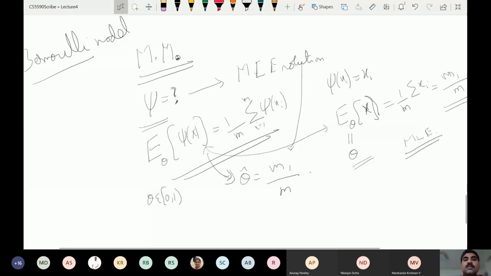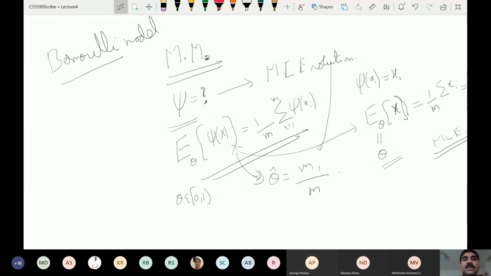So many a time, please remember this, you can always select a function psi such that you will match the MLE solution. Now, you may ask, why do you need method of moments?